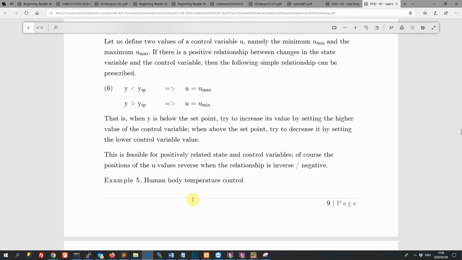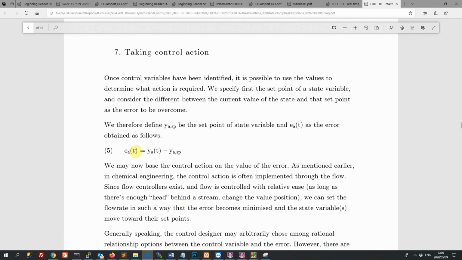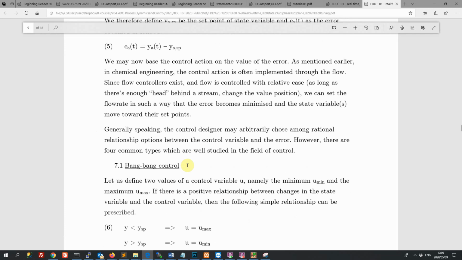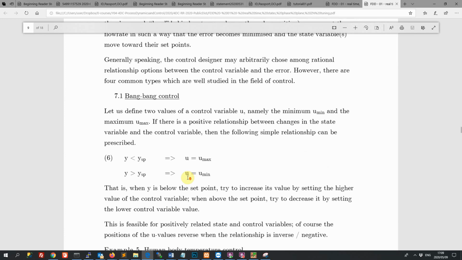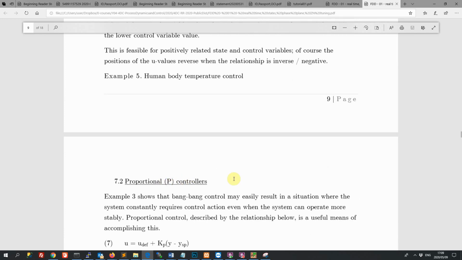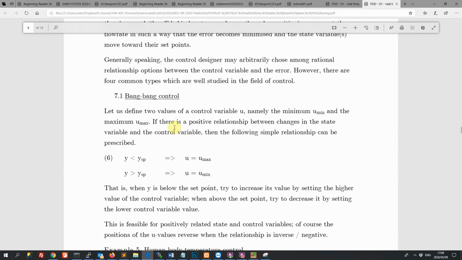And so that's what we are saying here. We can define this error, the current value of the state variable minus the set point value, and we can base our control action on that. We can say my control action should be proportional to that error. And so that's a proportional controller, but the first kind of control here is a bang-bang control.